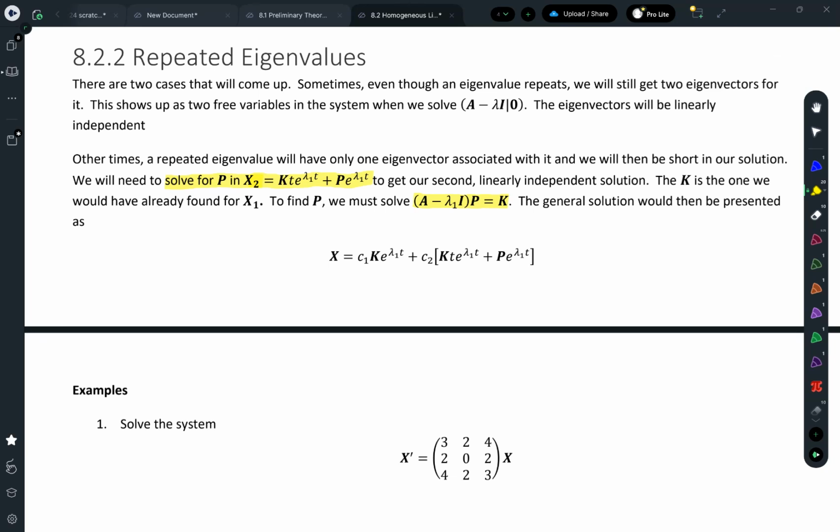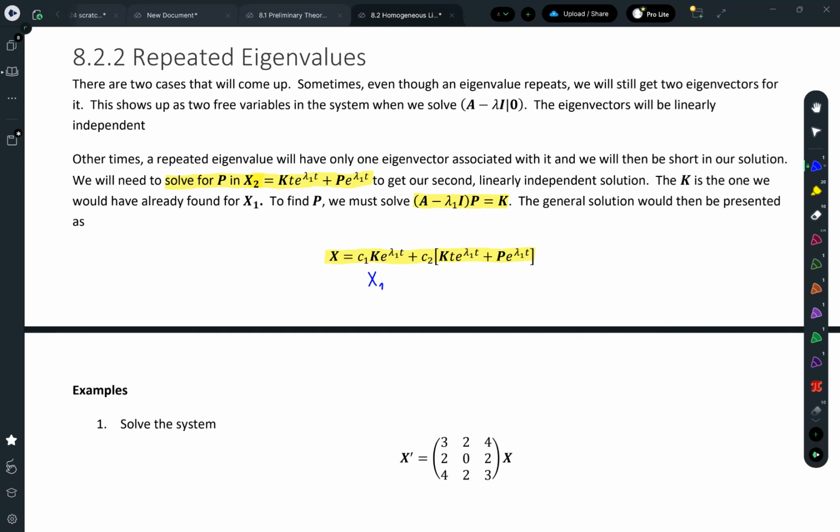And then we're going to find out what p is. And then the general solution would be x is equal to c1 times k e to the lambda 1t. So that's the x1 vector, plus c2 times kt e to the lambda 1t. That shows like how that's the repetition.